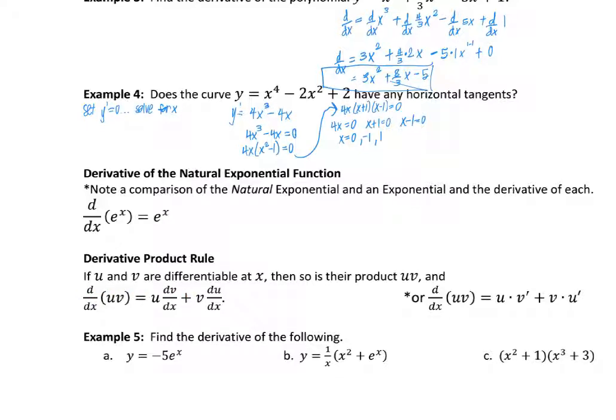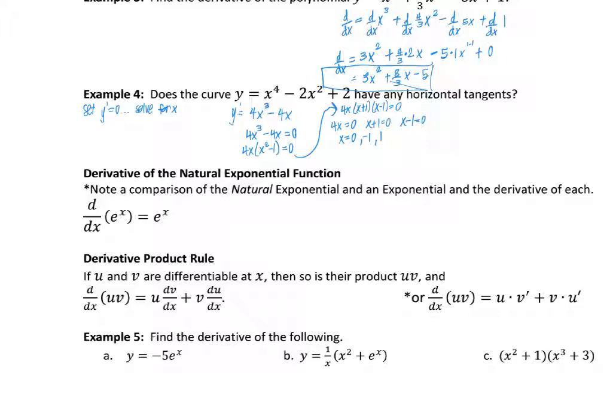Here I have it written two different ways. The derivative of u and the derivative of v. So here's your first function, here's your second function. Copy and paste your first function, multiply by the derivative of the second, and copy and paste your second function and multiply by the derivative of the first.